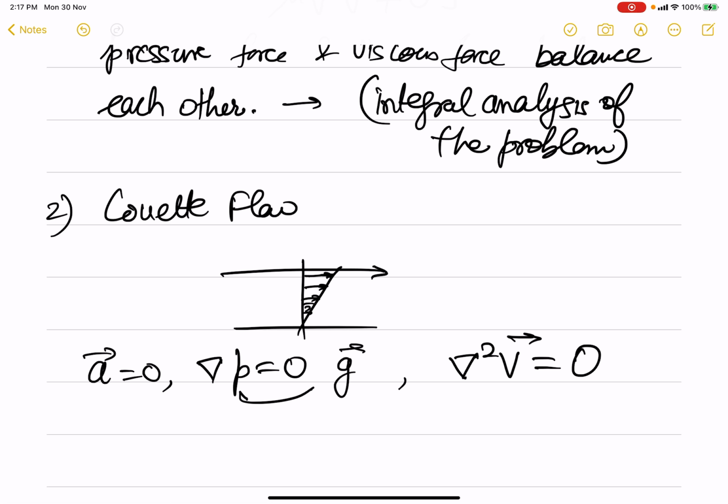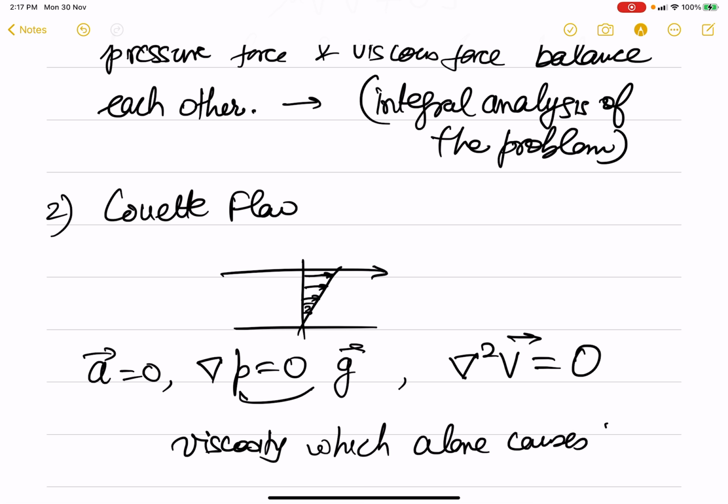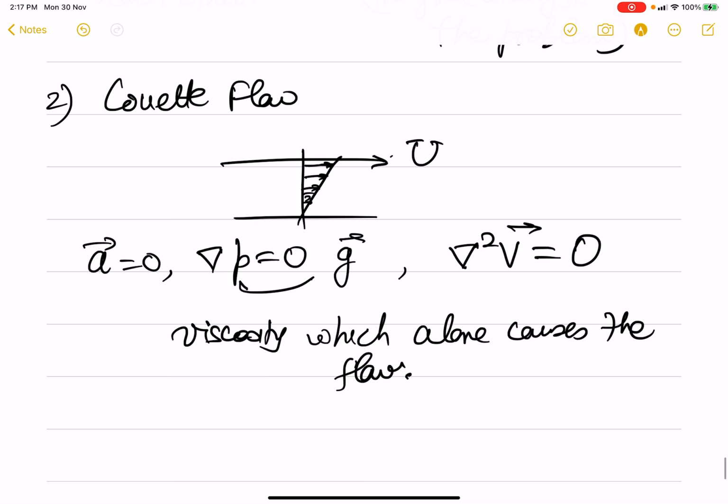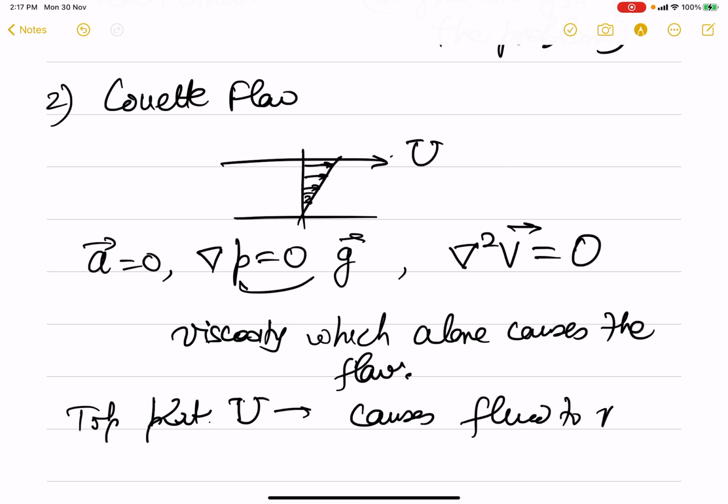That means in this flow, it is viscosity alone which causes the flow. There is only one term causing the flow, and that is viscosity. The top plate is moving with velocity u, and this causes the fluid to move.